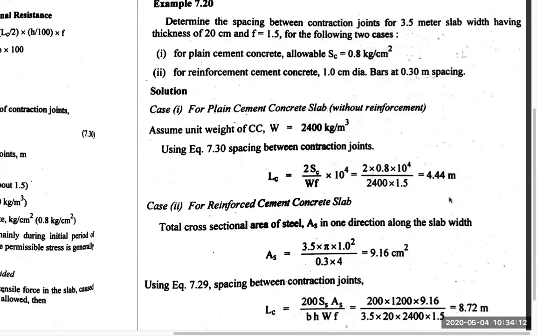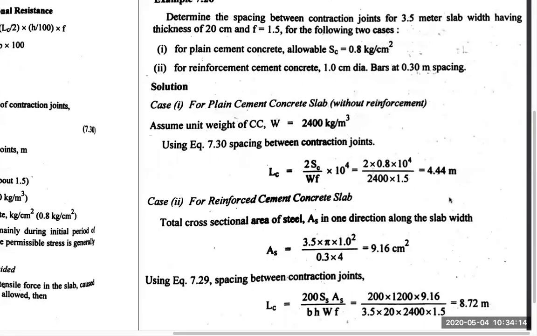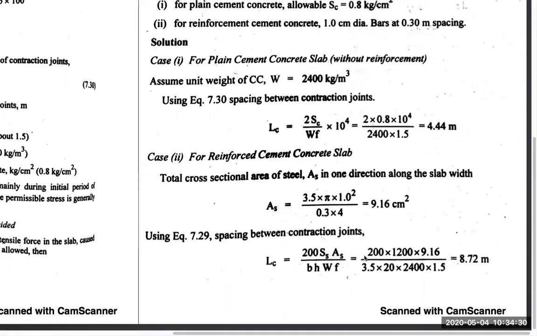Considering case 2, if reinforced cement concrete is there, okay, then we need to first calculate the area of steel. So area of steel is taken into consideration. Okay, so first we calculate area of steel, then we go for this equation. Okay, so area of steel we have calculated, which comes to 9.16 centimeter square.